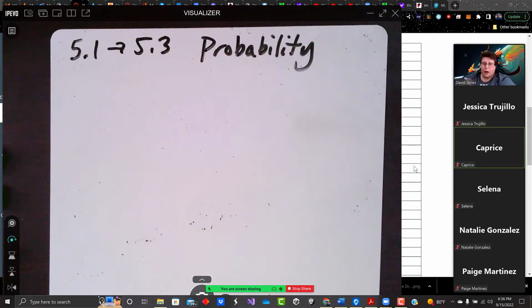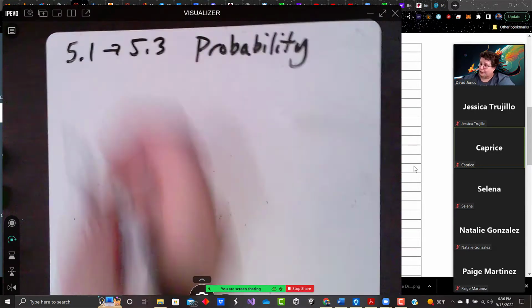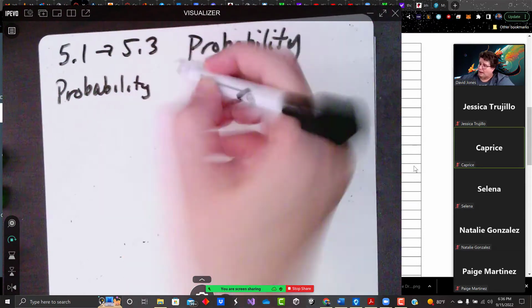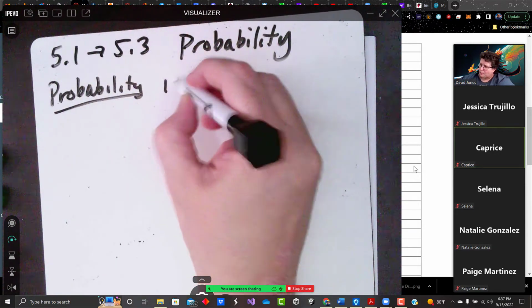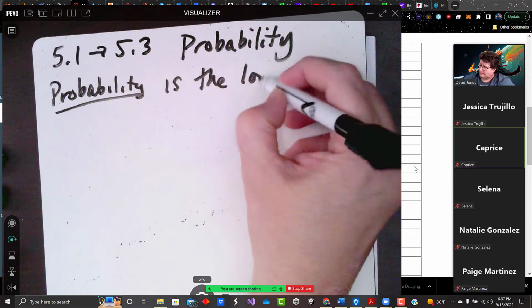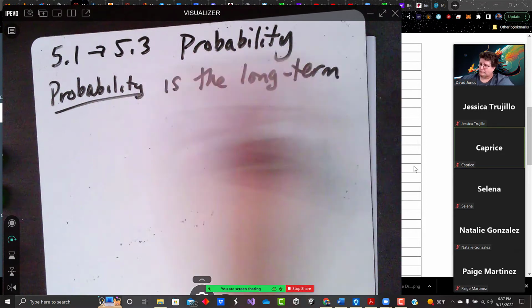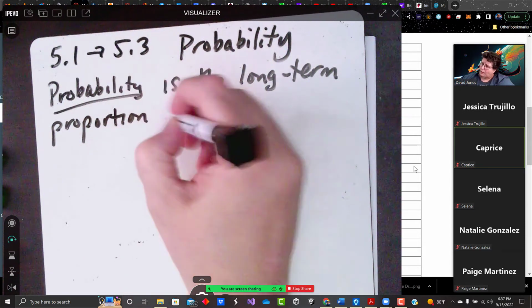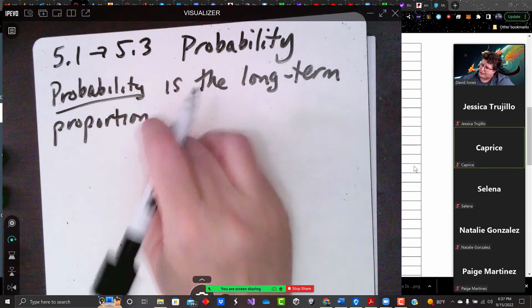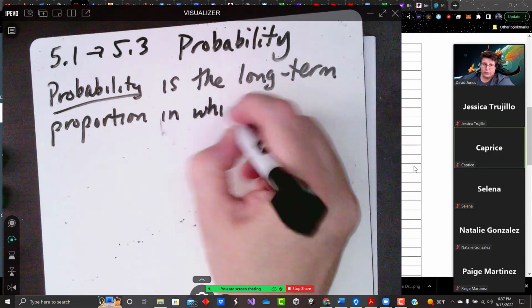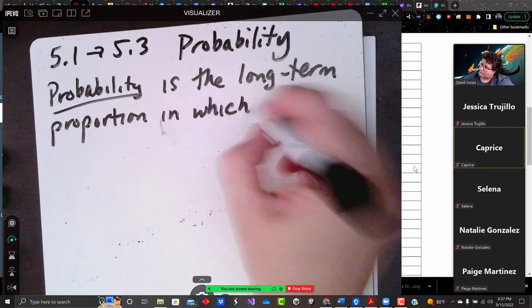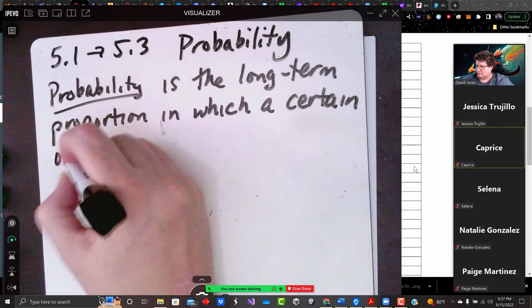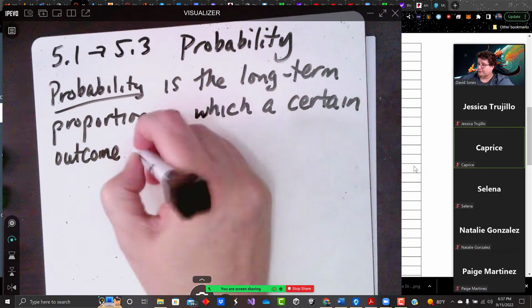Okay, so probability, just for a quick definition for you, it's the long-term proportion in which a certain outcome is likely to occur, or is observed.